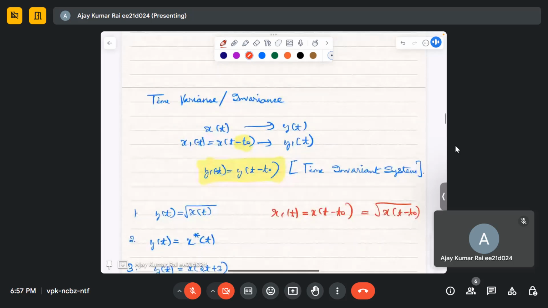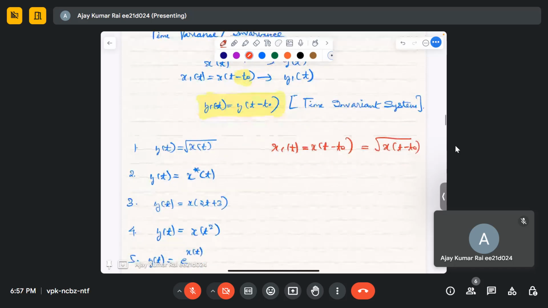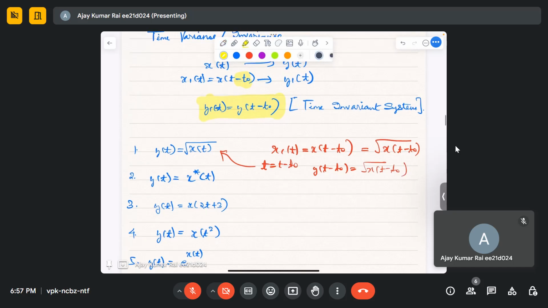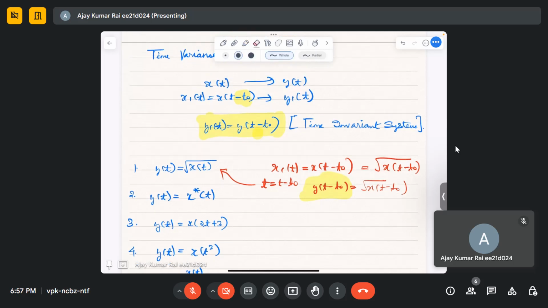So I'm just using the definition that I mentioned above. So if you delay the output, put t equal to t minus t naught again here in this equation. So what you will get, t minus t naught is equal to root of xt minus t naught. So this one, and this one, so let me call this as y1 of t.